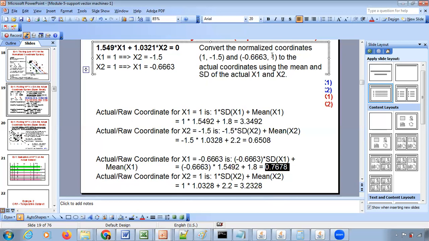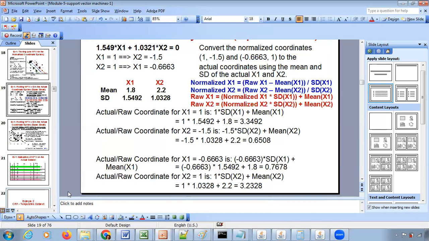Similarly, the actual x2 for this normalized x2 of 1 is going to be 1 times the standard deviation of x2 plus the mean of x2. That's what I have here, and that comes out to be this. So negative 0.663 comma 1 is the same as 0.7678 comma 3.2328.